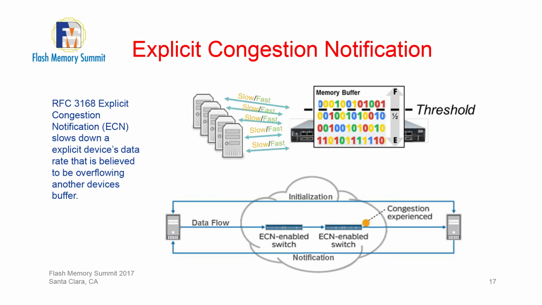Explicit congestion notification, or ECN, does it a little bit differently. Like I said, it tells you to slow down, but it also can go across multiple switches. With priority flow control, it's working just between a switch and a node.